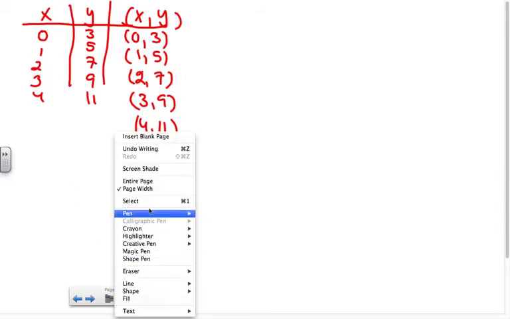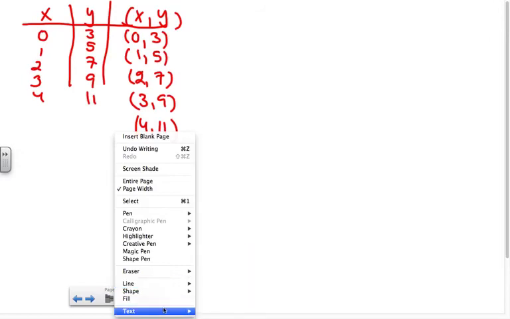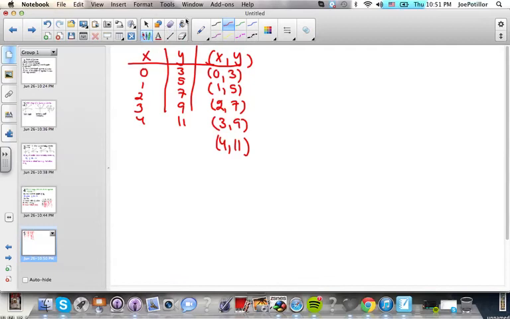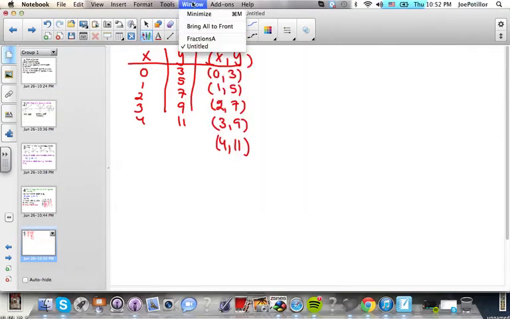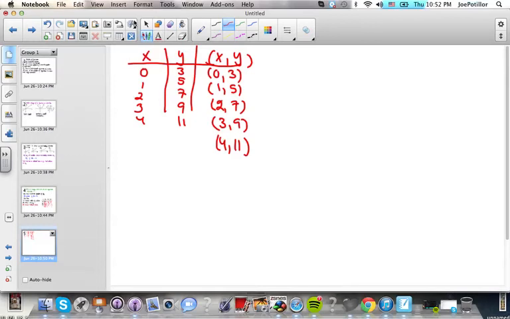So I'm going to go ahead and cheat, and let's find the line, something like this. I'm looking for something. Let's see if I can find it. There's the shape.